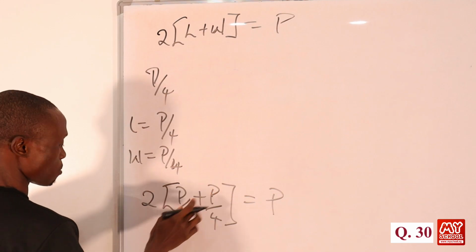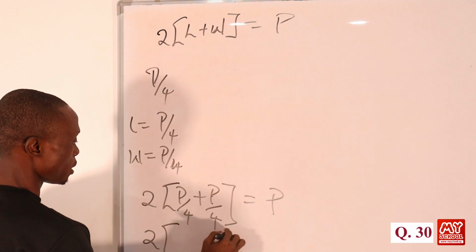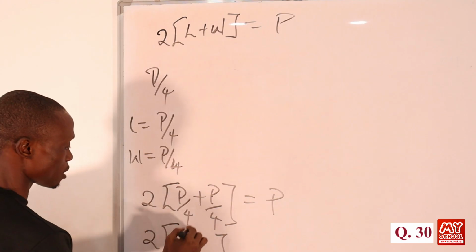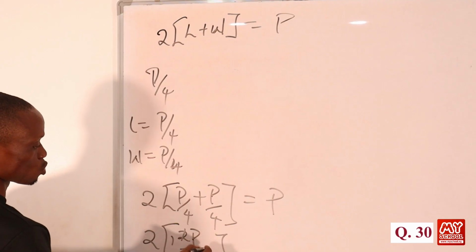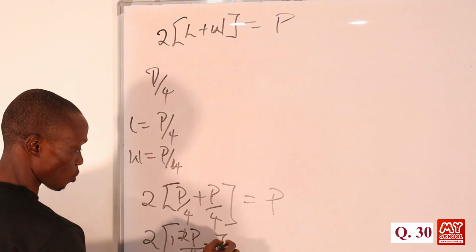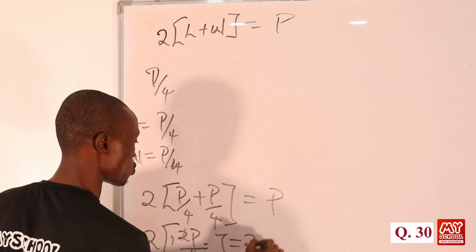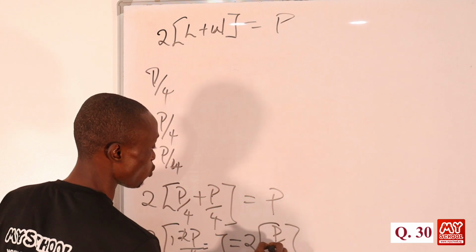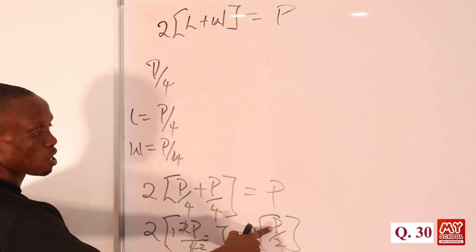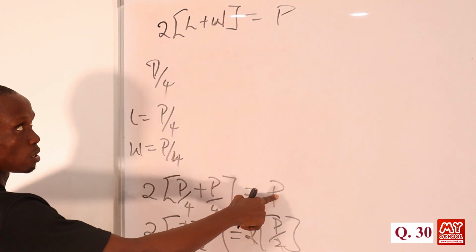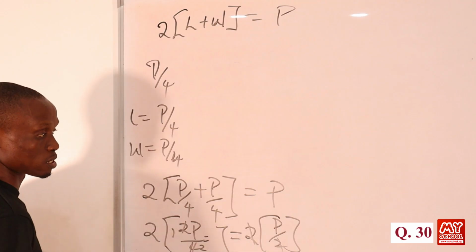So if we solve what is in the bracket, we have 2, then bracket, 2P all over 4. Okay, so 2 here is 1, 2 here is 2, so that we still have P over 4. So this is also equal to 2, then bracket P all over 2, sorry. So here 2 can cancel out 2, so that we have P left, which is also equal to the perimeter of the rectangle that is given to us.